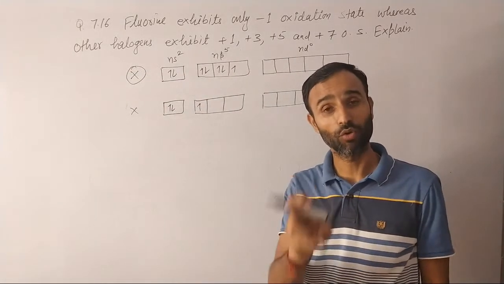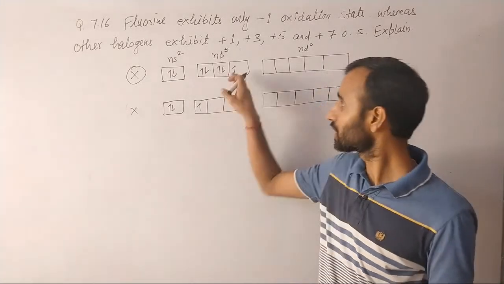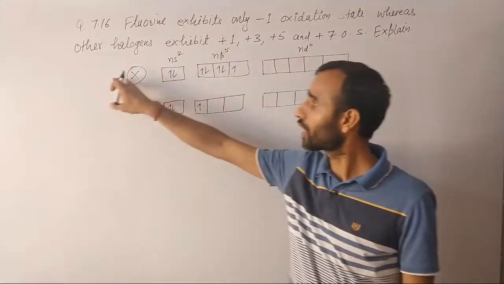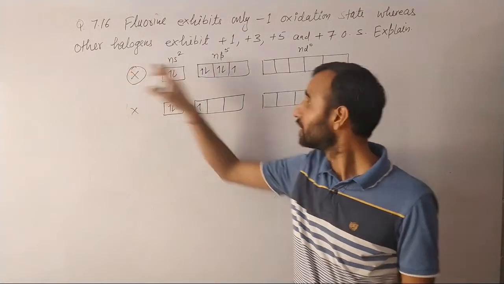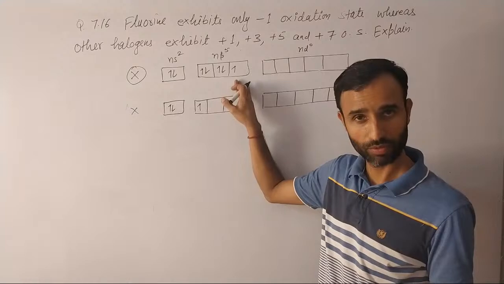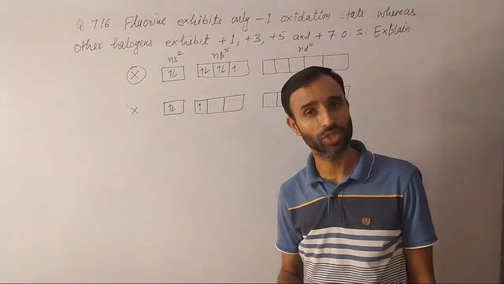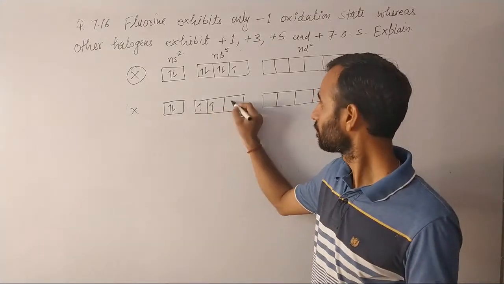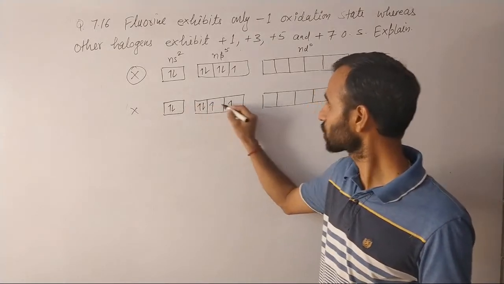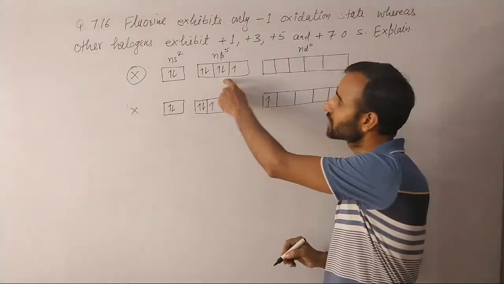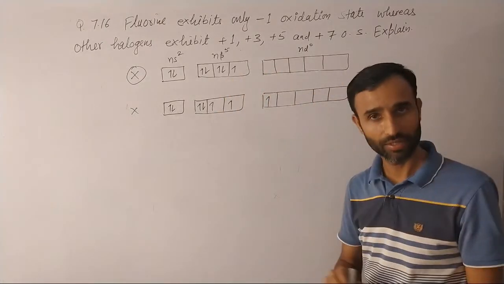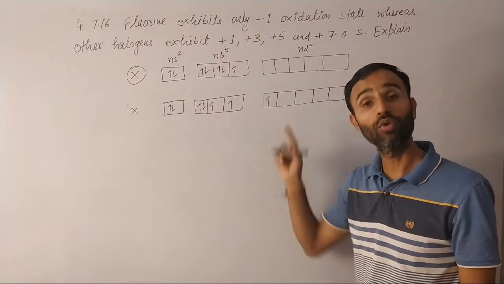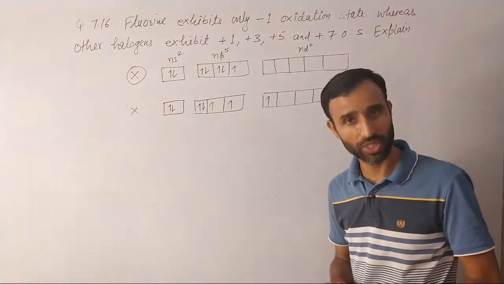But for chlorine, bromine and iodine, if attached to a less electronegative element, it acquires -1. If more electronegative, it acquires +1. But in the next case, if one electron is excited to nd, then it can share 3 electrons. So now it can show +3 oxidation state.